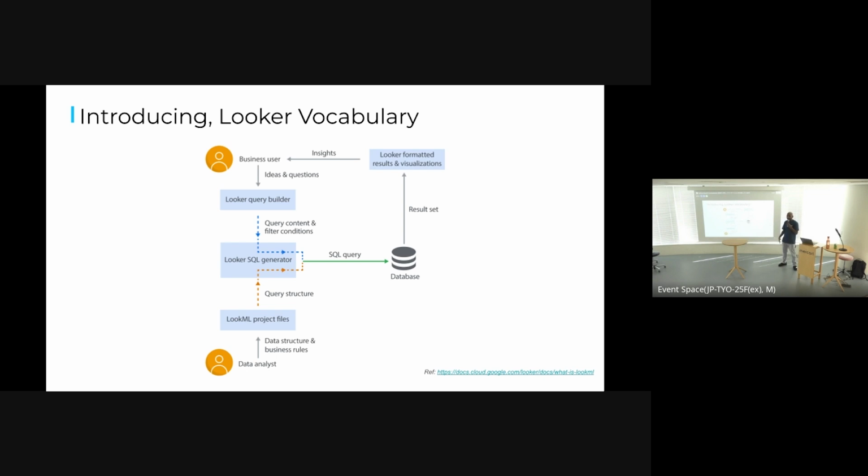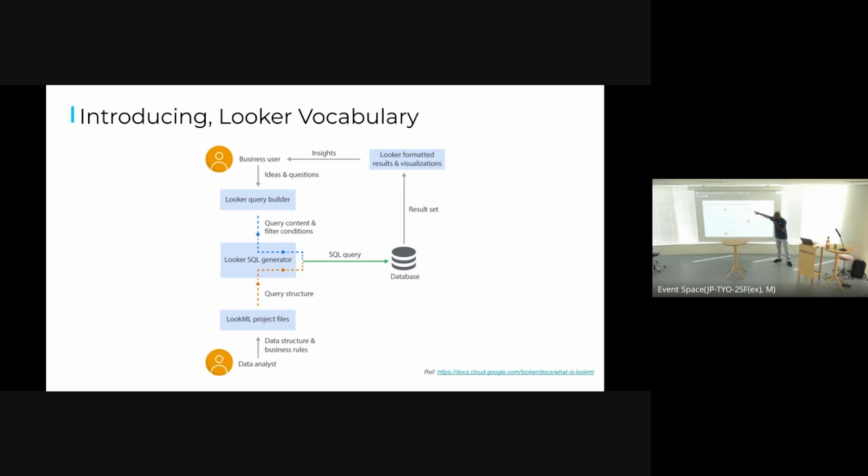The analyst or any data user in the company will write these configuration files so that the analysts and the business users can simply choose the ones that they require and generate the insights and aggregations out of it. They not only generate the queries, but you can also apply filters to it and also create dashboards out of the data that's present in the warehouses using the Looker models.